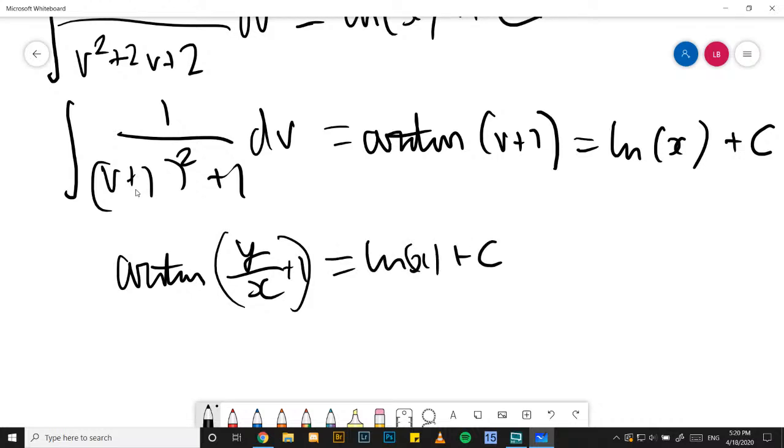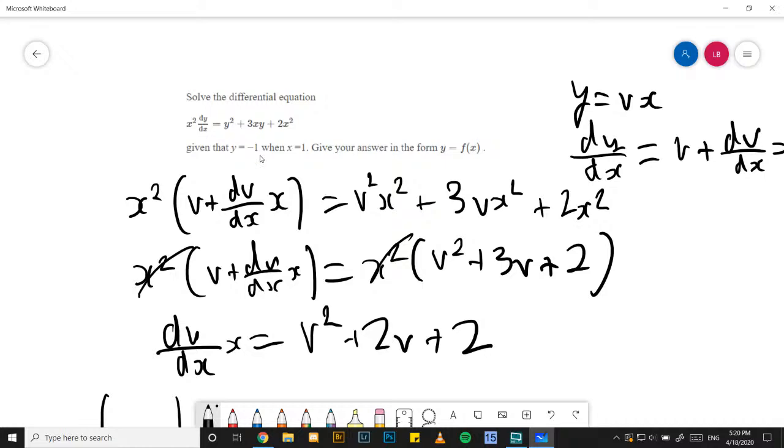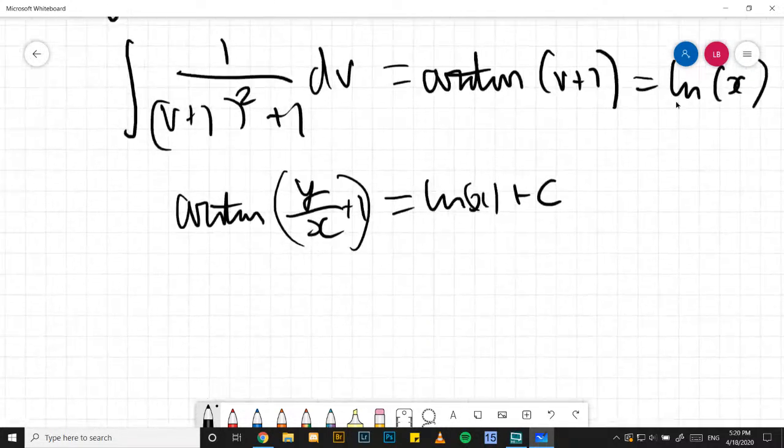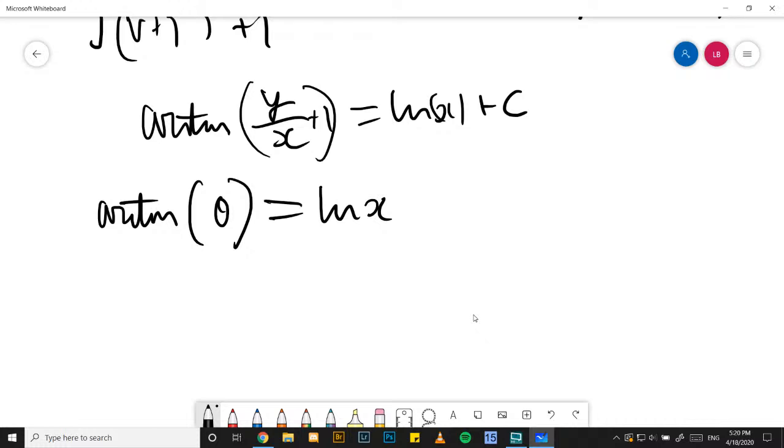And then when x is equal to 1 and y is equal to -1, you can plug those in to find out what the value of c is. So arctan of (y over x plus 1), with y over x equal to -1, is arctan of (-1 plus 1), which is arctan of 0. That is equal to ln of 1 plus c.